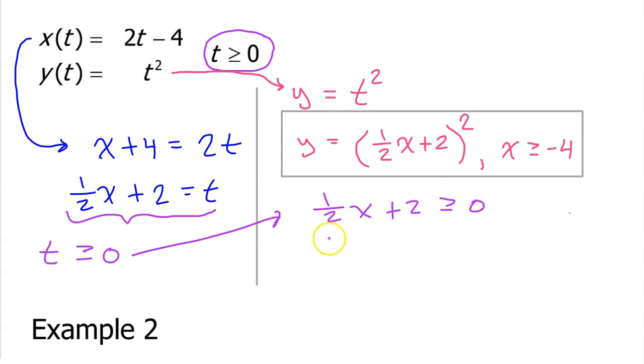Subtracting 2 from both sides, we have 1/2 x is greater than or equal to -2. And multiplying both sides by 2, we get x is greater than or equal to -4. So that's how you could get the domain restriction.